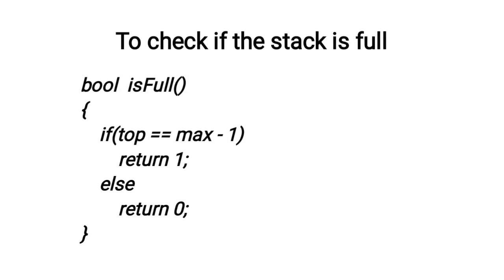If top is equal to the last position in the array, it means that the stack is full, meaning that it will retain 1. Why retaining 1? It is retaining 1, meaning that it is true that the stack is full, because this function is used to check if the stack is full. But if that condition is false, it will retain a 0.